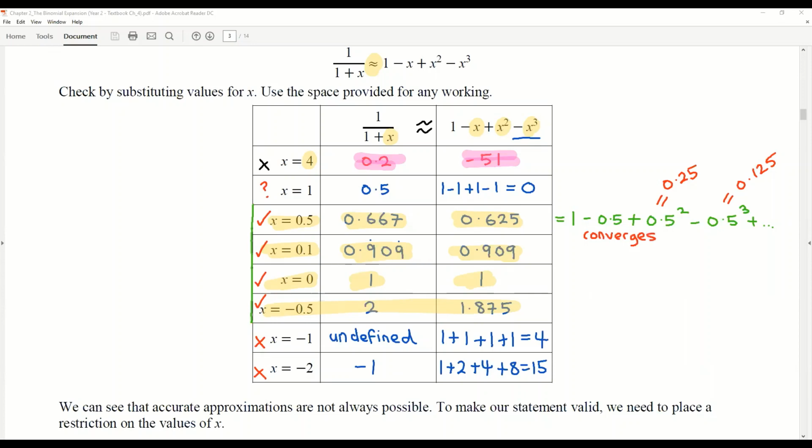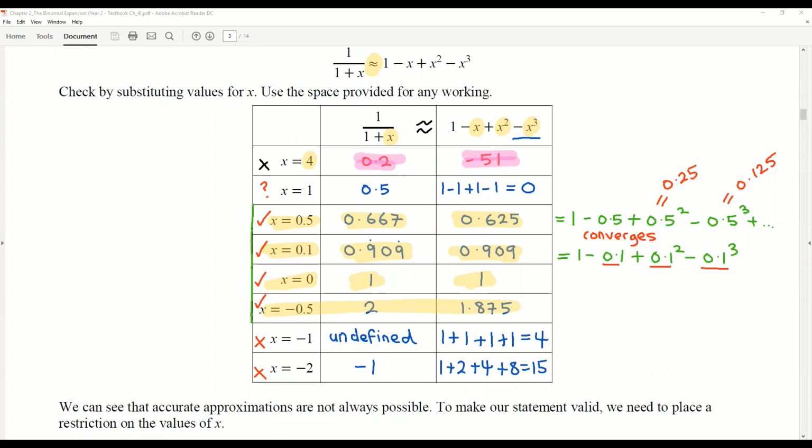Same way, if I look at the expansion for 0.1, I'm going to be doing 1 subtract 0.1 plus 0.1 squared subtract 0.1 cubed. Each of these values is getting smaller and smaller and smaller.